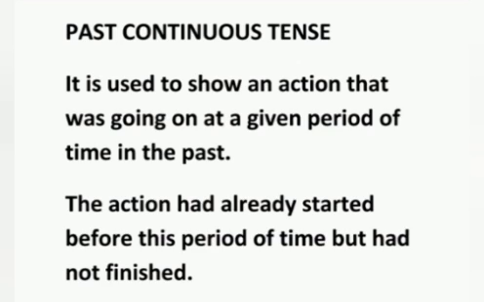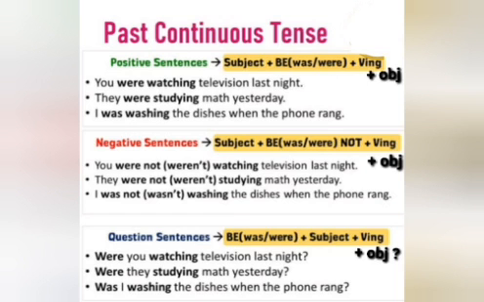So the syntax for past continuous tense is subject plus was or were plus V1 plus ing plus object. Take for example, you were watching television last night.